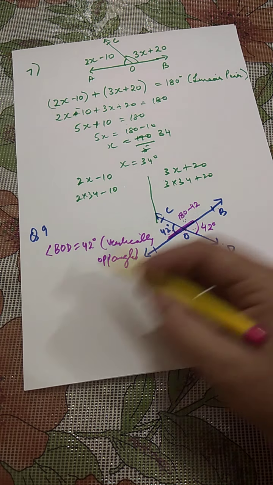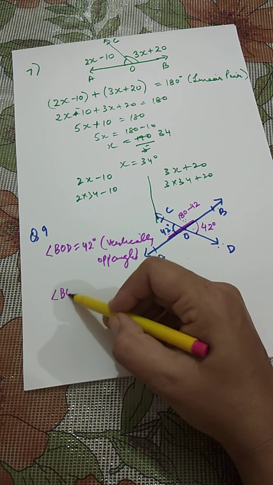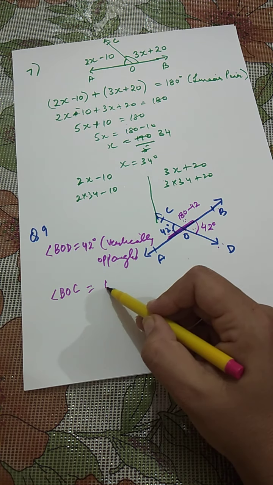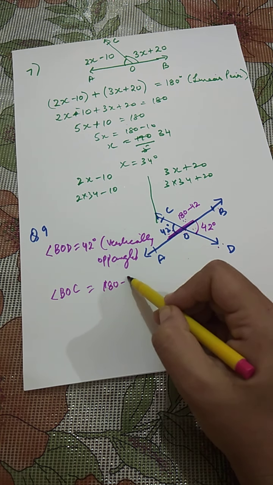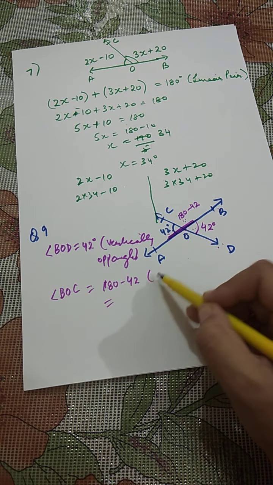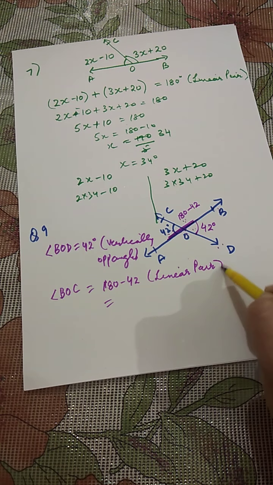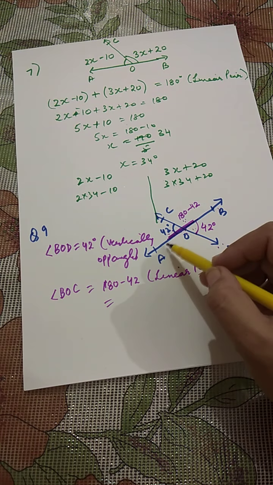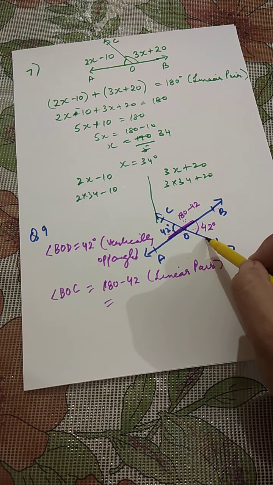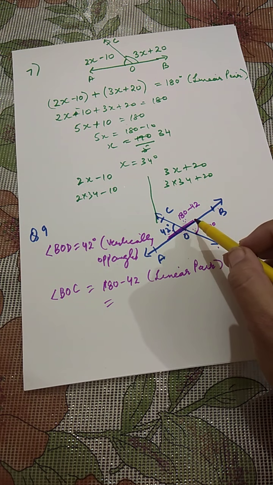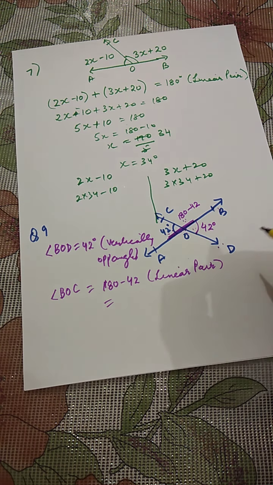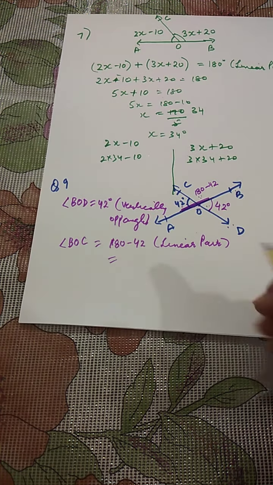Now this angle is angle BOC, so angle BOC is equal to 180 minus 42, and the reason I am going to write over here is linear pair. You can find this angle first also because this is also making a linear pair with this line. You can use this way also. Whichever way you use, the answer will be the same.